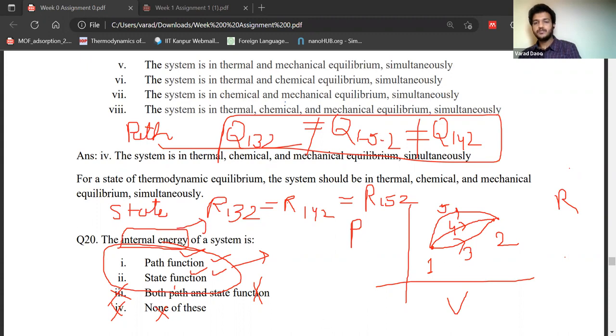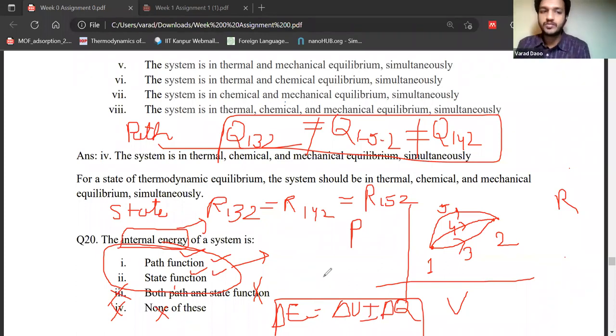With this definition, we can look at what internal energy is. Let's say the first law of thermodynamics, what does it say? Delta U equals delta Q minus delta W. Anybody would like to answer? I'll give you 30 seconds to 1 minute to find.